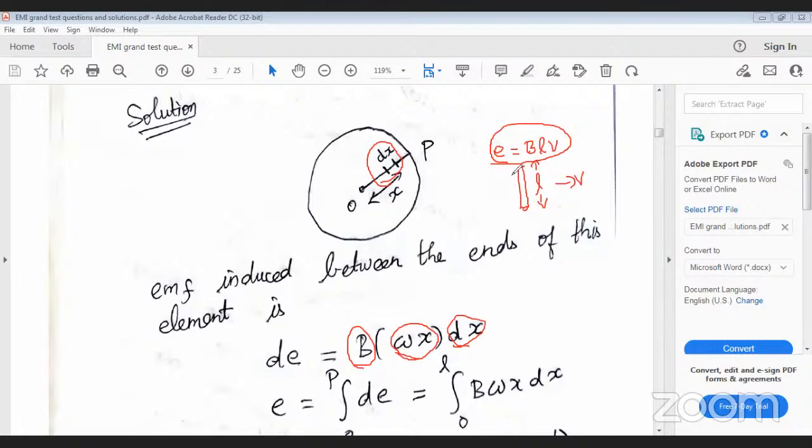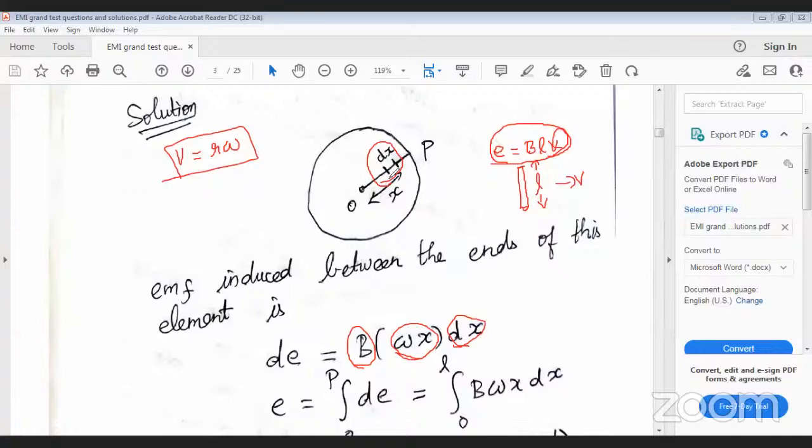Why have I written it like that? Because you know that the velocity in circular motion is given by v equal to r omega. You need the velocity term for the induced EMF, so this velocity can be considered as v equal to r omega, the angular velocity times the radius.